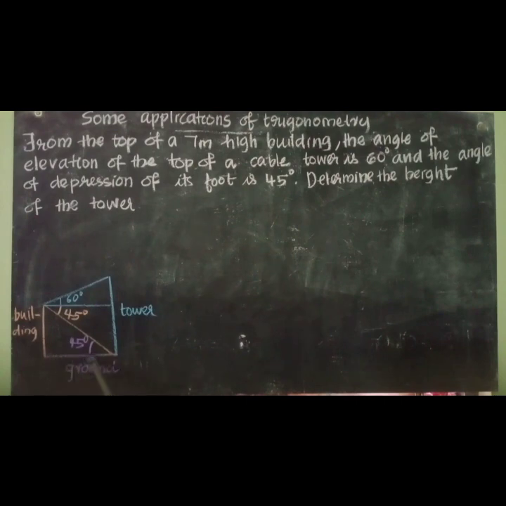Because this ground level and this horizontal line, these two lines are parallel and this angle of depression and angle of elevation are alternate interior angles. So, they are equal. We can mark here also 45 degree. So, whenever you are marking this angle of depression, remember to mark its angle of elevation also.